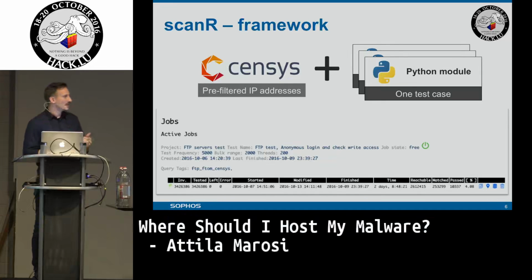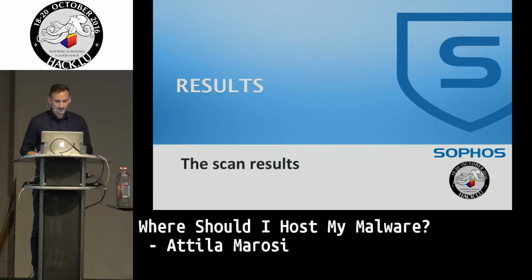So you can put it on a map or feed other services with the results, or maybe feed another test, so you can link the tests with each other. On this screen, as you can see, there were more than 3 million IP addresses, and finally, in this test case, there were 10K IP addresses which passed the test.